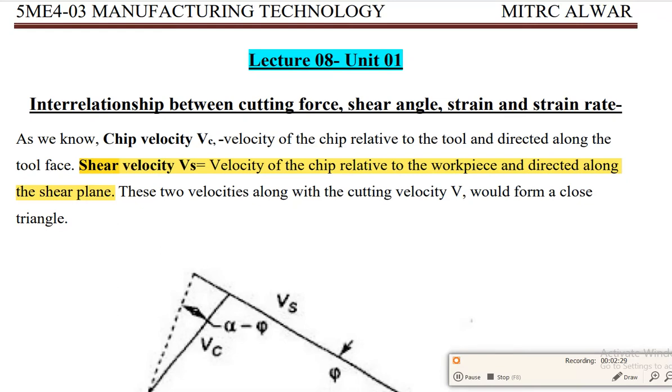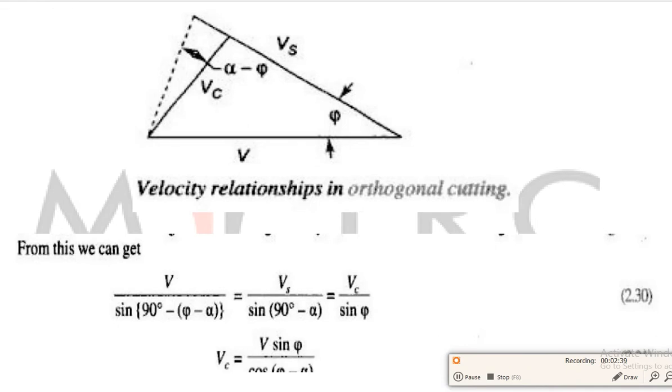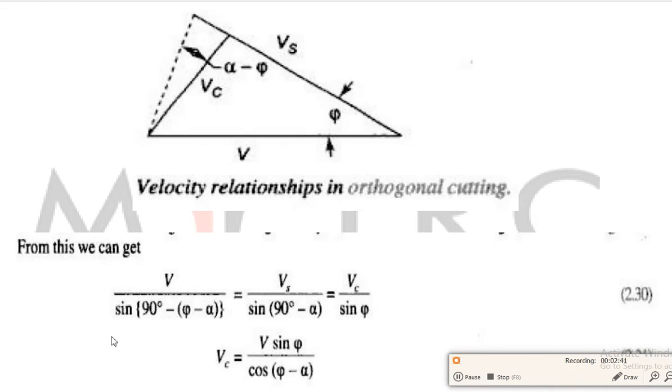From this triangle we can observe the velocity relationships in orthogonal cutting. From this figure we get one relationship using the sine rule: V by sin(90° minus phi minus alpha) is equal to Vs by sin(90° minus alpha), which is equal to Vc by sin phi.